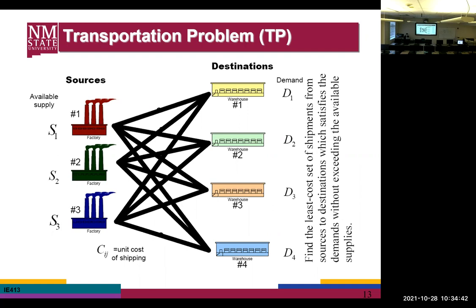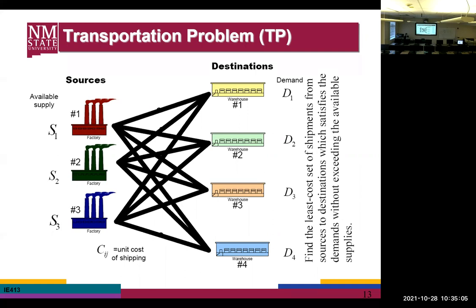Okay, so this picture shows a prototype transportation problem with three sources, three supply nodes, and four destinations. Those are the demand nodes for the flow, with the associated shipping costs.